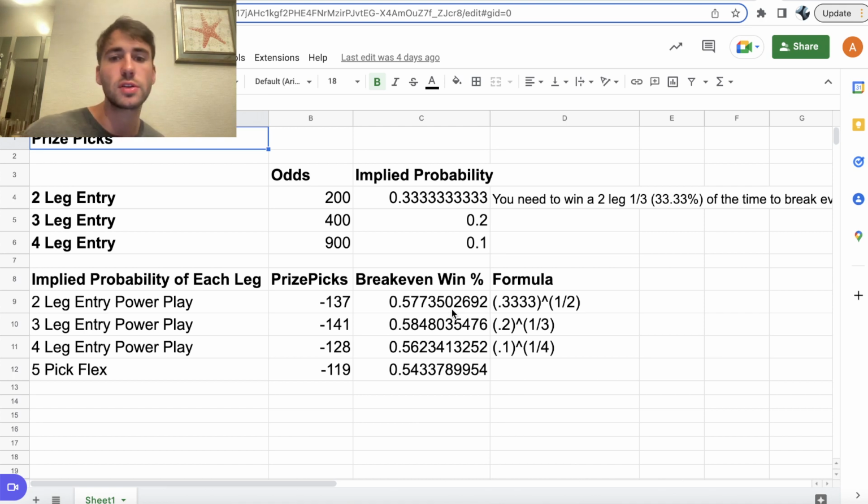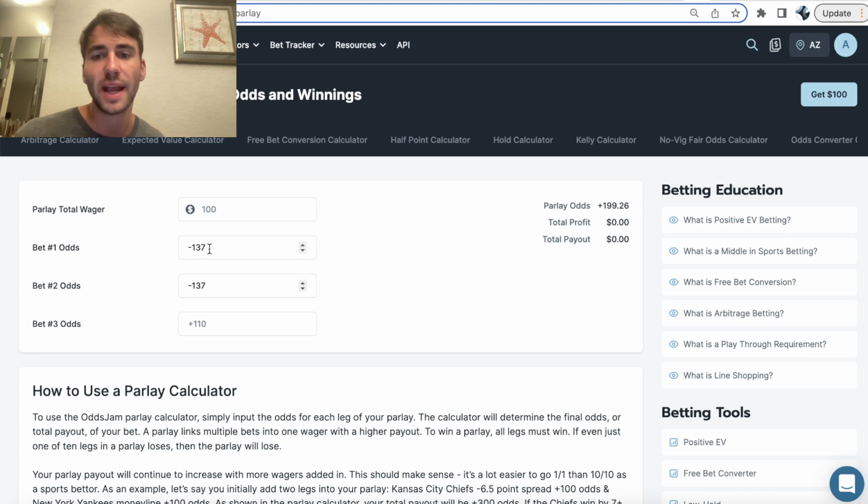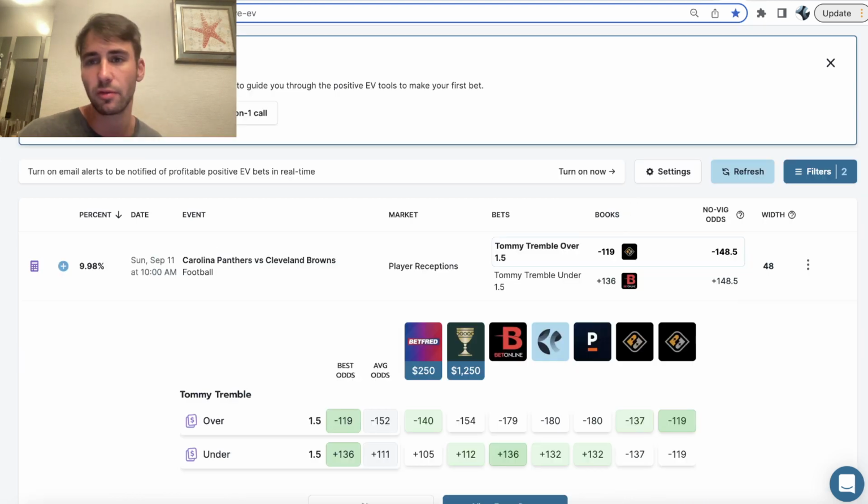Again, we have a full strategy video in the end screen. The implied price on PrizePicks is minus 137 for any player prop in a two-pick entry, because any parlay where both legs are minus 137 will come out to plus 200. So it works the same in reverse.